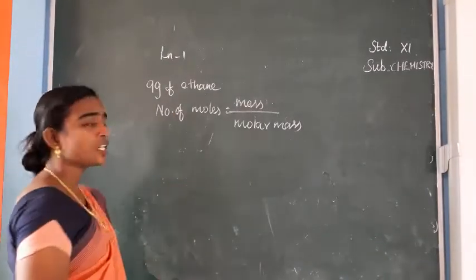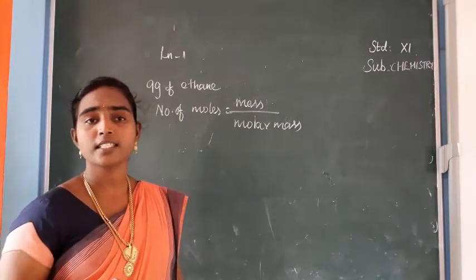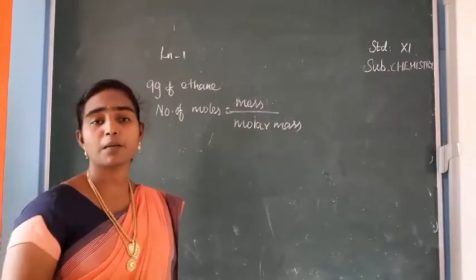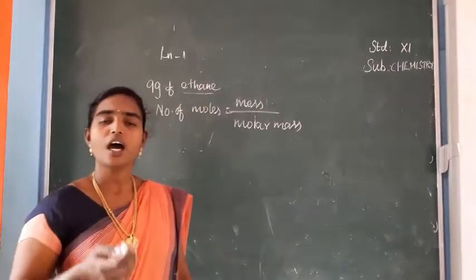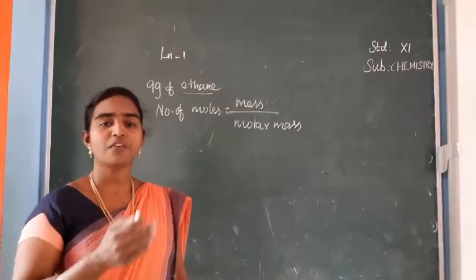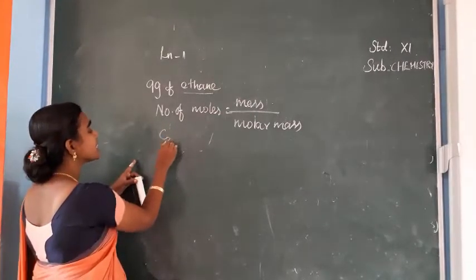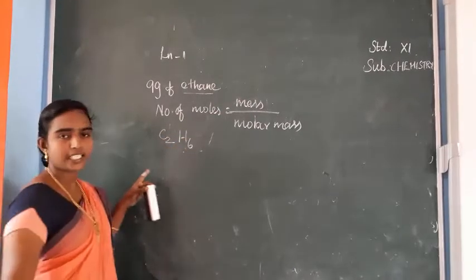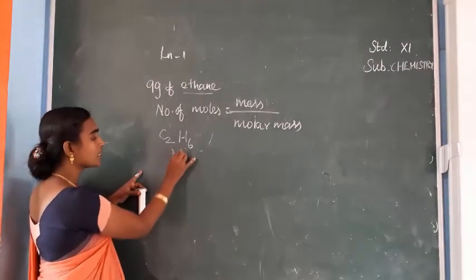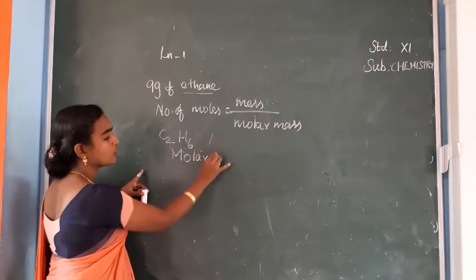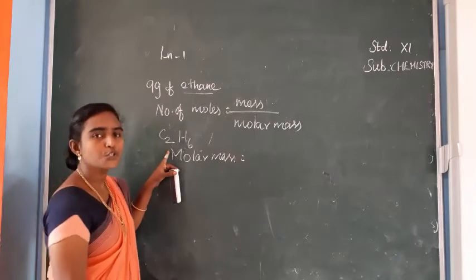The mass is given as 9 gram. So we have to calculate the molar mass, isn't it? For calculating the molar mass, the name of the compound is given. Then what do we have to do? We have to write the formula of that particular compound. Ethane, its formula is C2H6. Then how can we calculate the molar mass? Molar mass is equal to: how many carbon atoms are there? 2 carbon atoms.